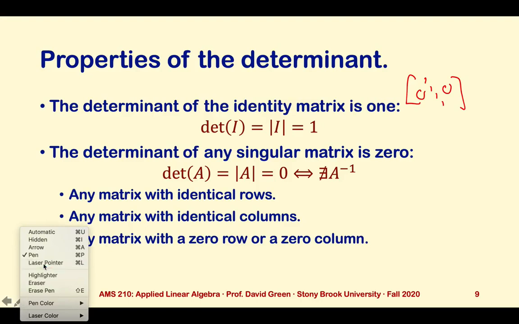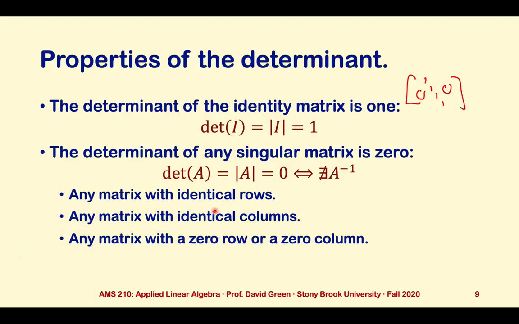What this means is that as soon as we can identify a matrix being singular, we know that its determinant must be 0. If a matrix has identical rows, identical columns, a 0 row or a 0 column, or rows that are linear combinations of other rows, that tells us that the determinant must be 0.